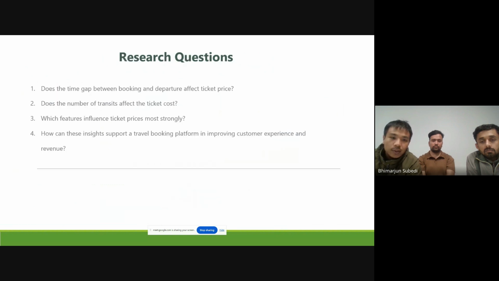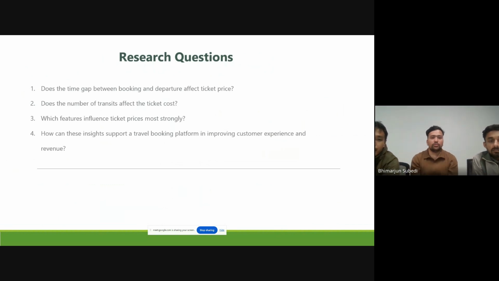Moving ahead, these are the research questions, which my friend is going to explain. Hi, thank you. After pre-processing and refining the data, we coined four research questions. First, does the time gap between booking and departure affect ticket price or not?